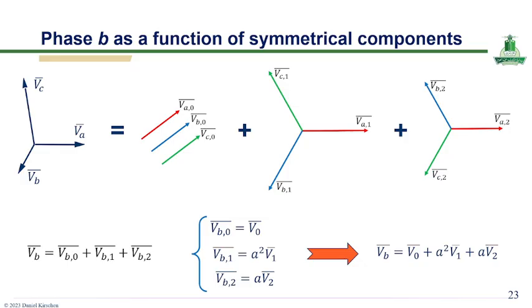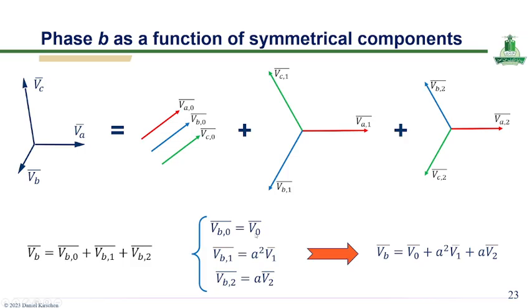The general expression is VB is equal to VB0 plus VB1 plus VB2, and here the zero sequence components remain the same across all phases, so VB0 is equal to V0.